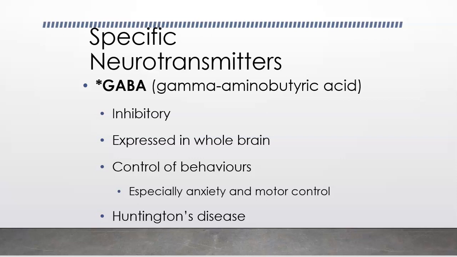Now, like glutamate, it is expressed in the whole brain and other parts of the nervous system as well. And it also plays a role in the control of behaviors. But the behaviors it has a bigger role in would be anxiety and motor control behaviors.